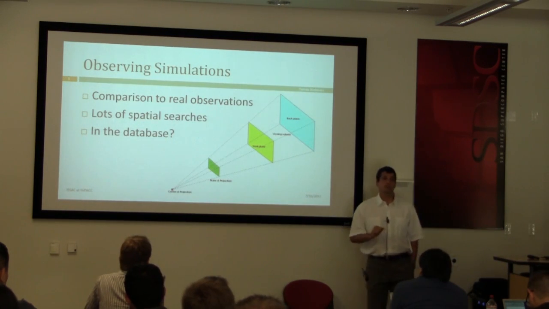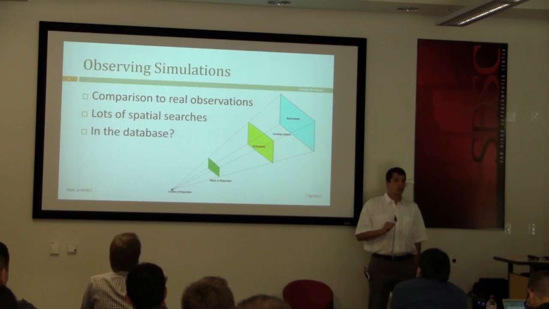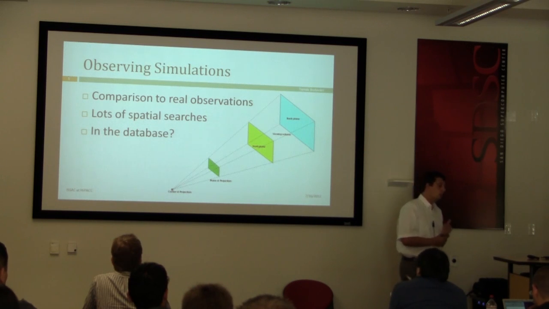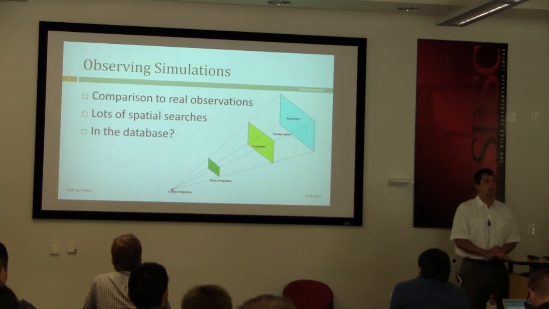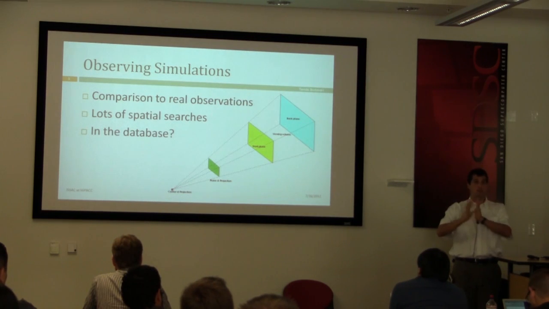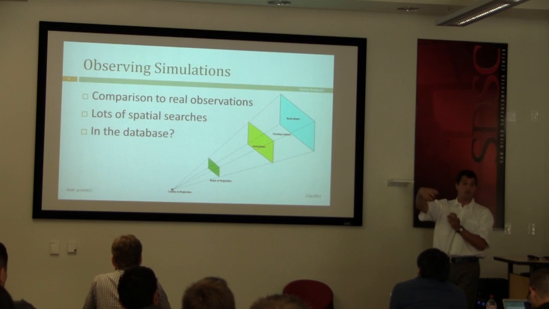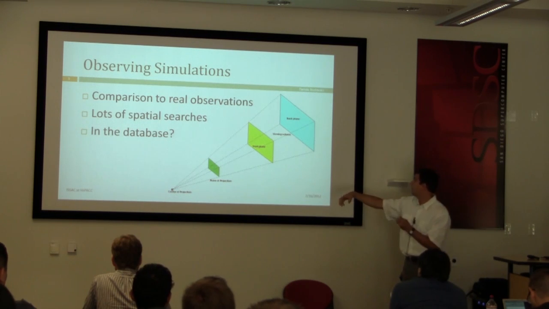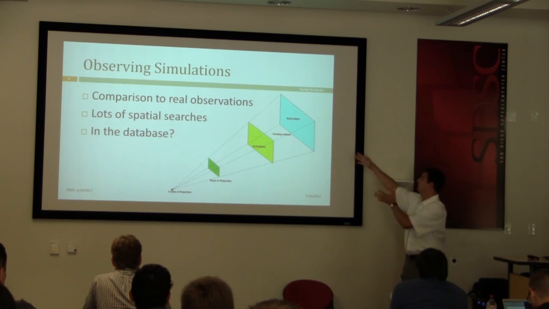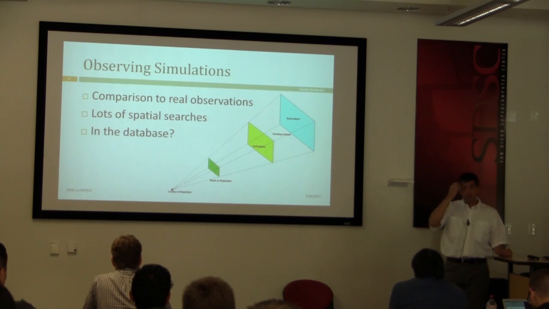Observing simulations. Now you have this big simulation, and you'd like to compare this to what you measure as an observer. You have to do all sorts of searches, typically spatial searches that have light cones involved, right? So you have some sort of three-dimensional shape, this frustum, or whatever you call it, to figure out what are the interesting objects that would come into your comparisons.